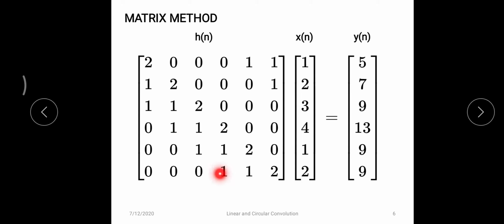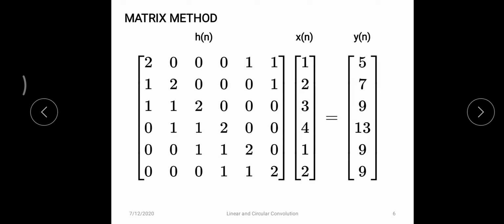This matrix should be a square matrix, m cross m. Here I considered h of n, so this should be an m cross m matrix. The value of m is 6, so the matrix dimension should be 6 cross 6.